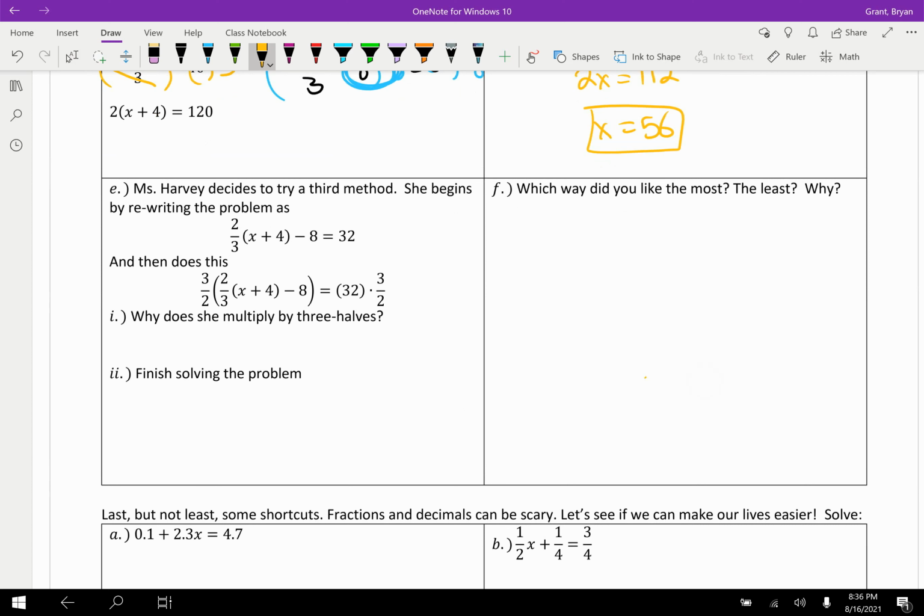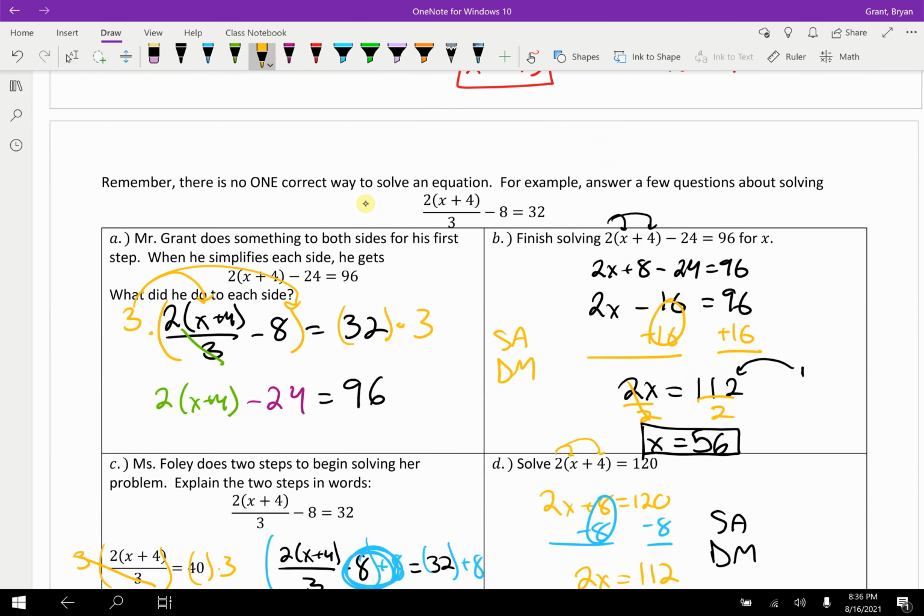Our third and last method, Miss Harvey is going to demonstrate for us. And instead of treating the problem as 2 times x plus 4 divided by 3, she realizes that that's the same thing as 1/3 times, and I'll write this as a fraction, 2 times x plus 4 over 1. If you multiply straight across, that gets you here.